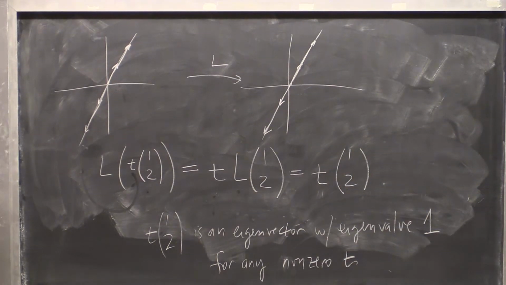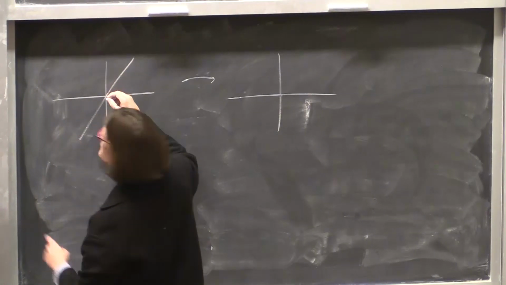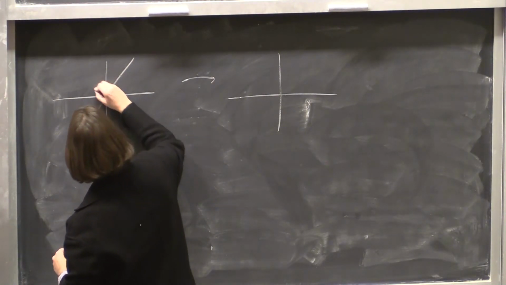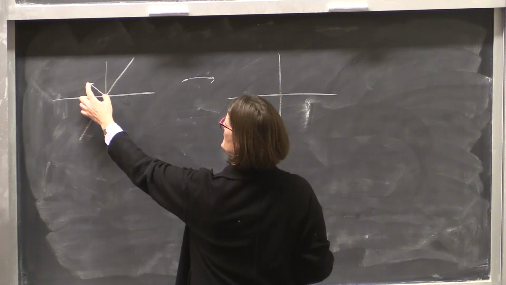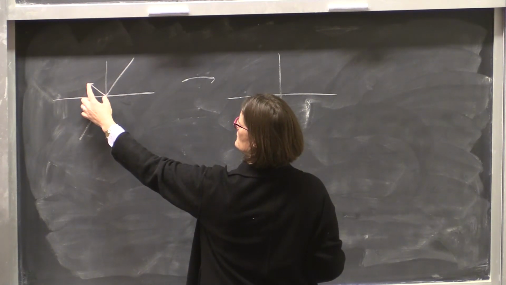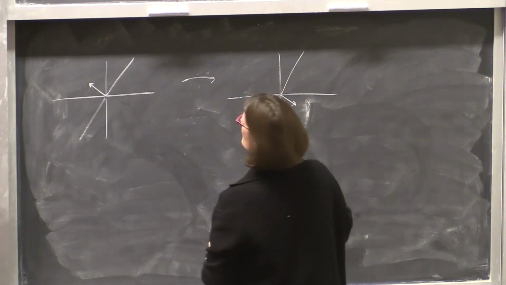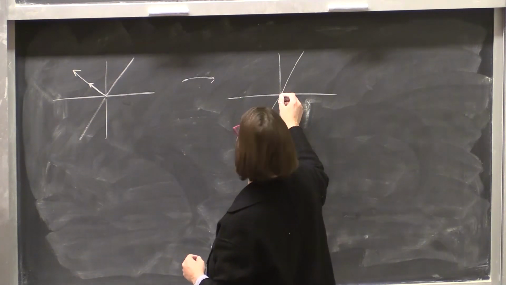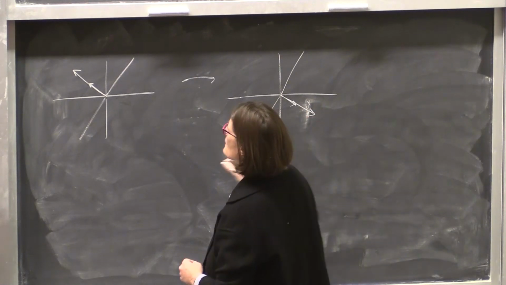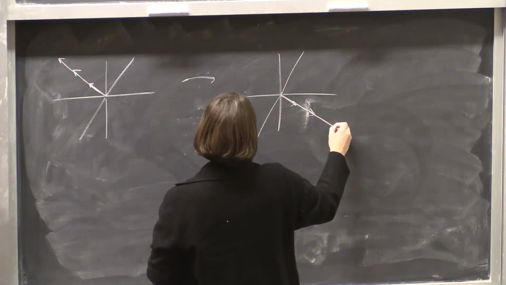Okay, that was understanding the first eigenvector. Here is the eigenvector (minus 2, 1). I'm reflecting about this line. Where does (minus 2, 1) get sent? The opposite. And what about (minus 4, 2)? The opposite. And (minus 6, 3)? The opposite.